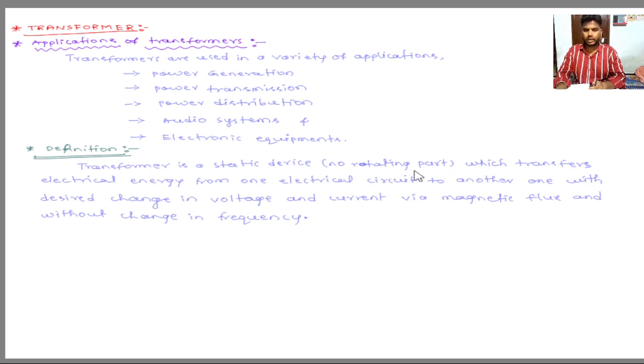A transformer is a static device which transfers electrical energy from one electrical circuit to another with desired change in voltage and current via magnetic flux, and without changing the frequency. It transfers electrical power from one circuit to another with desired change in voltage or current via magnetic flux or magnetic media.